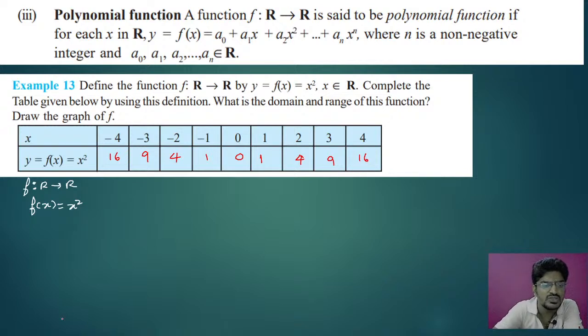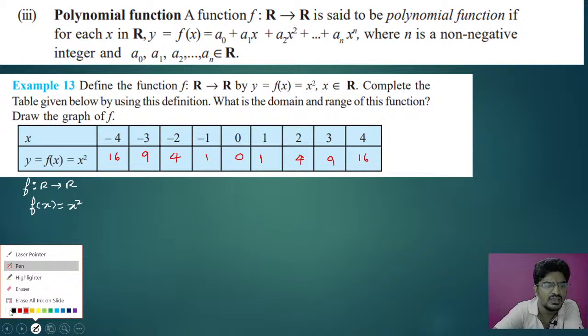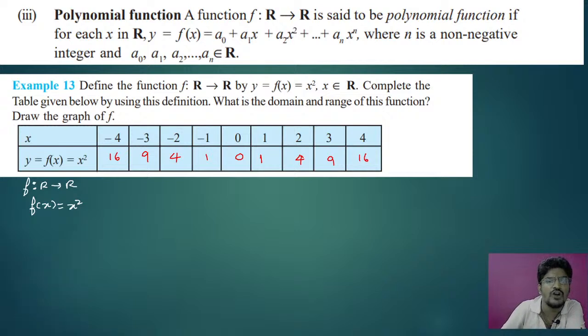So now you just see these are the outputs, some small examples. From this you can draw the y-axis and the x-axis. Here I will take minus 1, minus 2, minus 3, minus 4, and 1, 2, 3, 4.